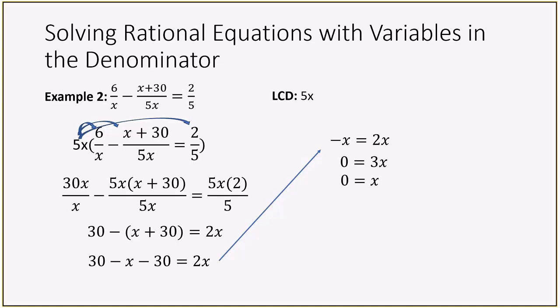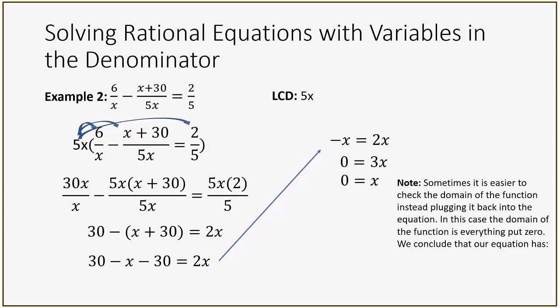So I could go back and plug 0 into every single x and try and solve it, but what's going to happen is we can even just look at that first fraction. If I plug in 0 into the bottom of that first fraction, 6 over 0, well, now I get 0 on the bottom, which I'm not allowed to do. So I conclude there's no solution.